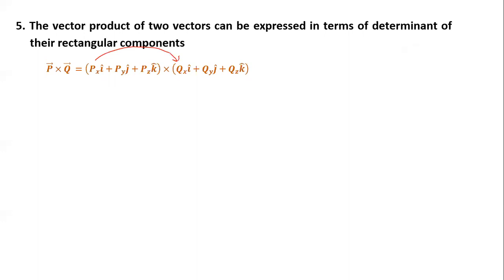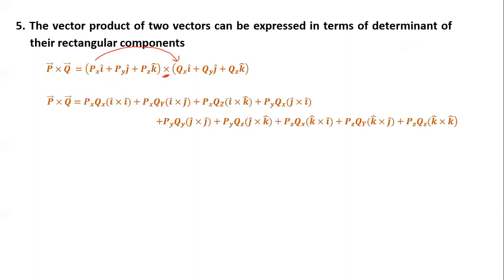Px into qx, I cap cross I cap. Similarly, px qy, I cap cross j cap. Then px qz, I cap cross k cap. Next, py into qx, here j cross I. Then py qy, j cross j, py qz, j cross k.